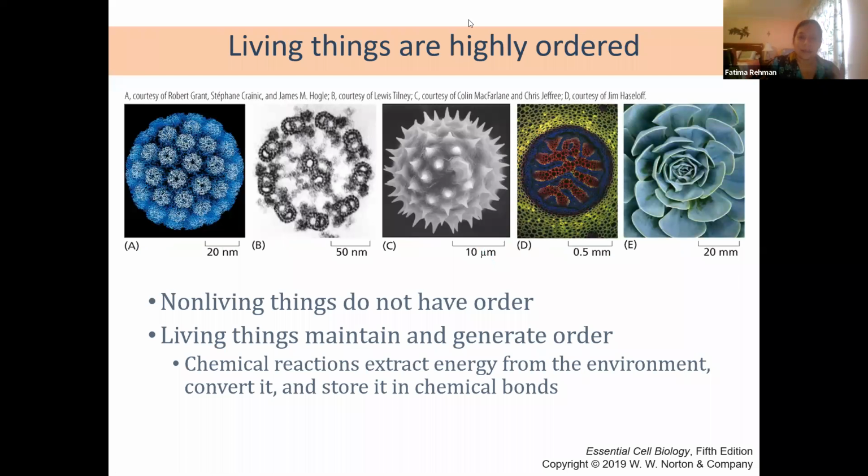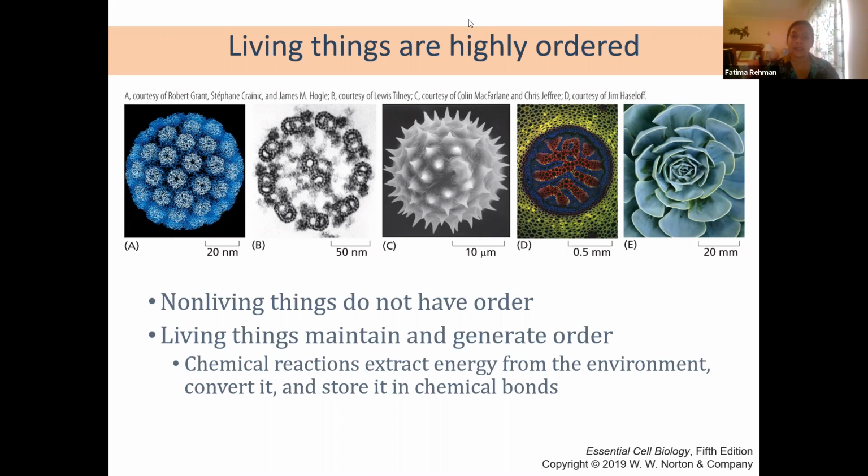So this slide talked about how living things, anytime that you have a living organism or a living thing in nature, it's usually going to be highly ordered and it's going to continue to maintain that order. But if we go back and think about the laws of physics, we know that typically things tend to go towards disorder.